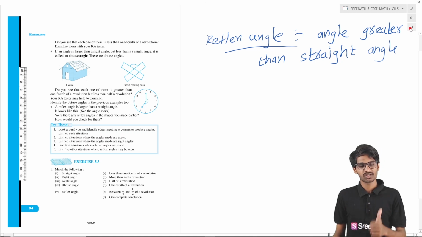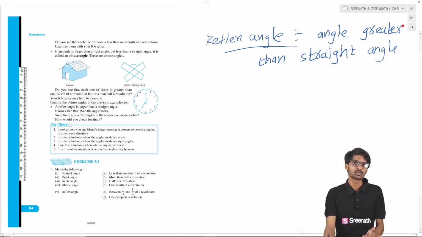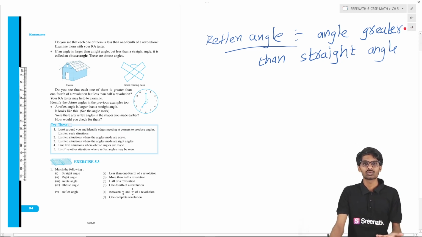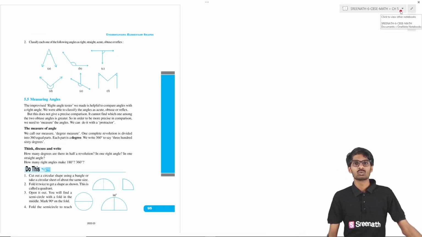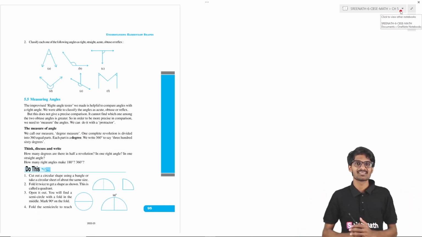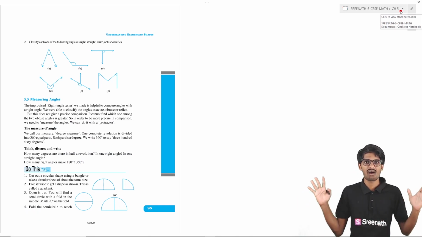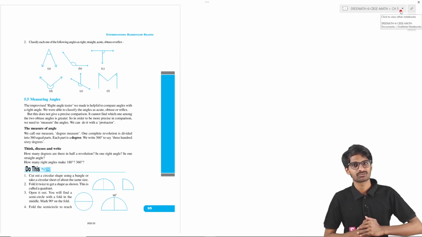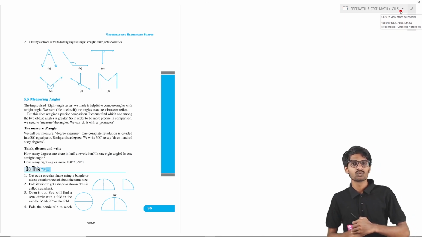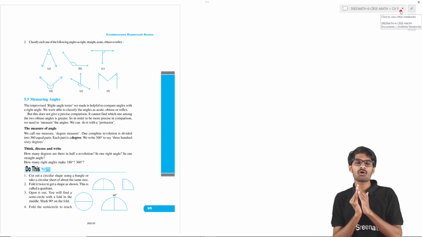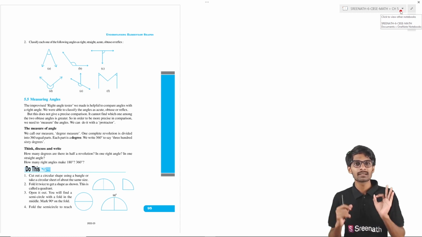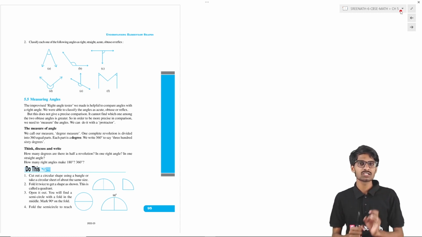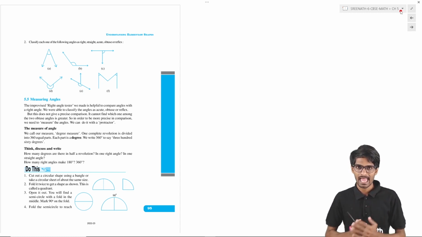Okay, so we have understood what a right angle, a straight angle, a complete angle, an acute angle, an obtuse angle, and a reflex angle are. So you may think that we have gained so much knowledge and learned all about angles, but that is not the truth, students. We can say whether the angle is a right angle, a straight angle, an acute angle or an obtuse angle, but we can't tell more accurately what the angle is.